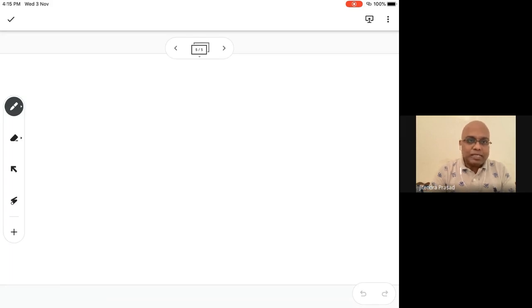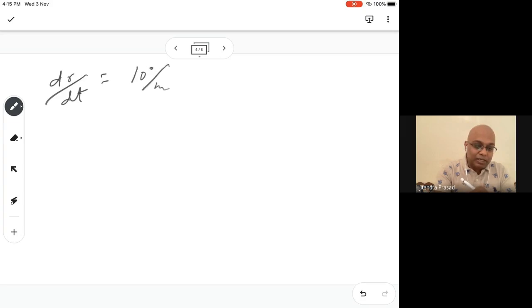Okay, the second part is, if the thermometer is placed in a bath, the temperature of which is changing linearly at the rate of 10, so the temperature is changing. So what is changing? This is a function of t, so the response, right? The input r is changing, so dr over dt is changing at the rate of 10 degrees per minute.